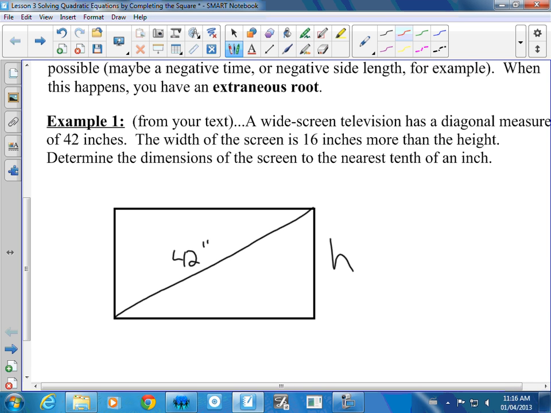So how do we create the width of this TV? For instance, if the height was 10, the width would be 26, right? Is that correct? Because it's 16 inches more. If the height was 5, not X, what letter? H plus 16. Okay, good. Does that make sense?